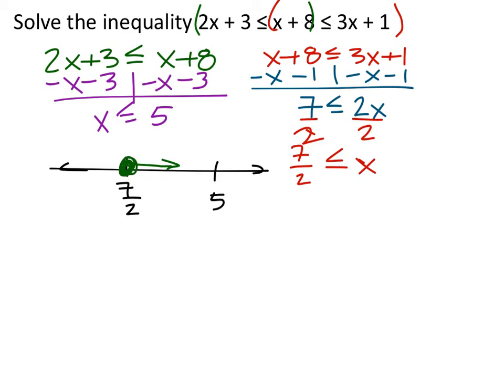And then with x and 5, that also will be a closed circle. It is not eating the x, so it goes to the left. So it appears like we would have whatever's between those two, okay? And my interval then starts at 7/2 and goes to 5, which also is included.